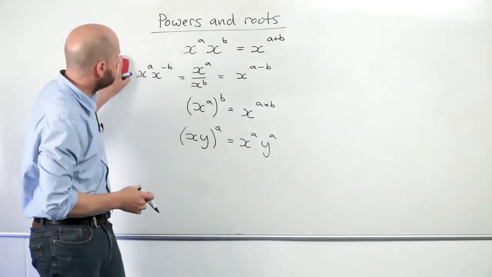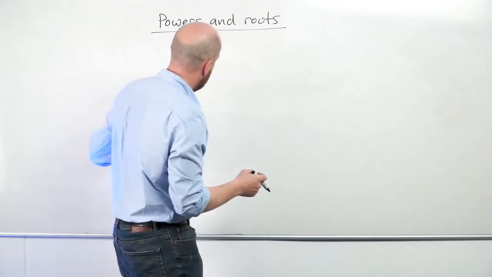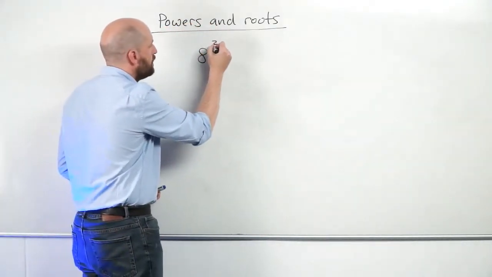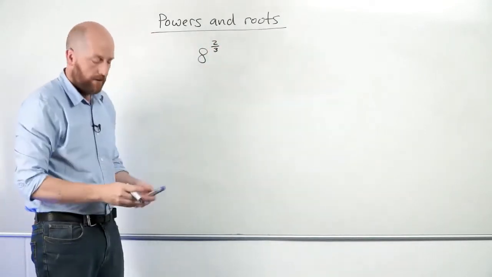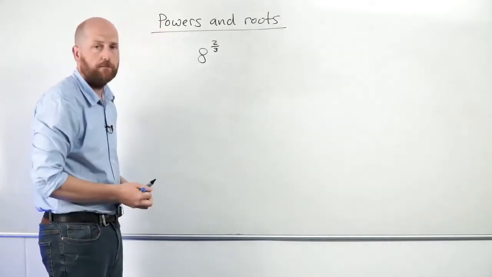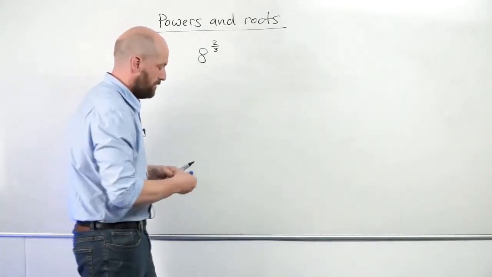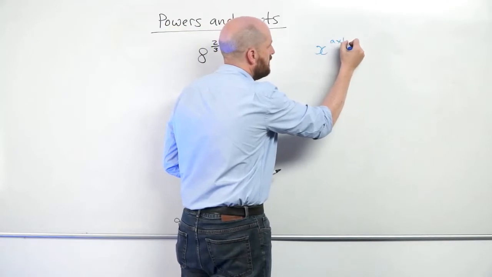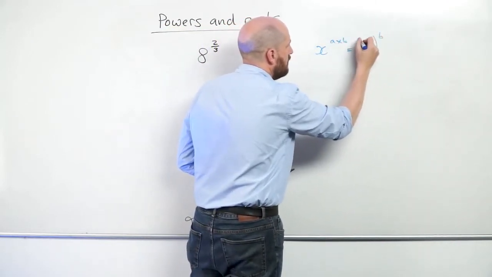So as an example, we take an example. The example I want to choose is 8 to the power 2 over 3. Okay, so I'm going to write over here the laws of indices that I'm going to use. The first thing I'm going to think about is that x to the a times b is in fact x to the a raised to a power b.